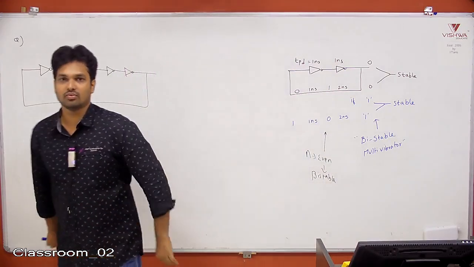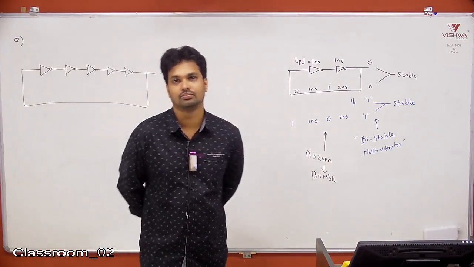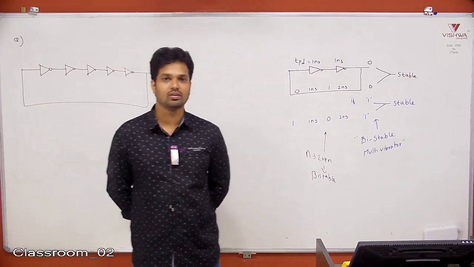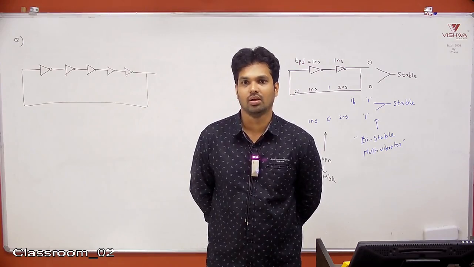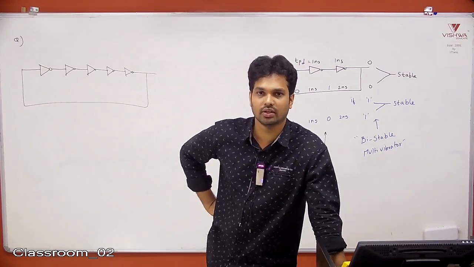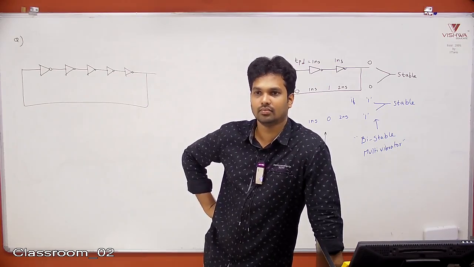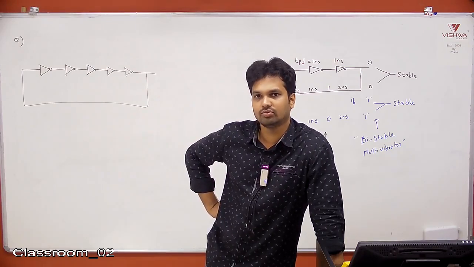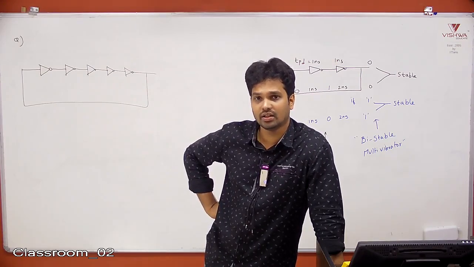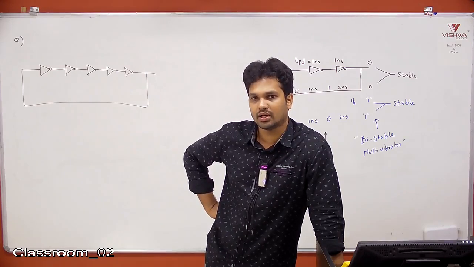Based on this, let us have two questions. Write the question. In the ring oscillator circuit shown in the figure, if the propagation delay of each inverter is 100 picoseconds.